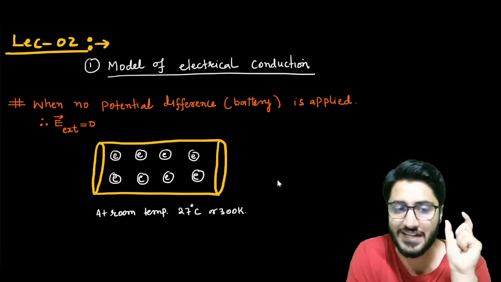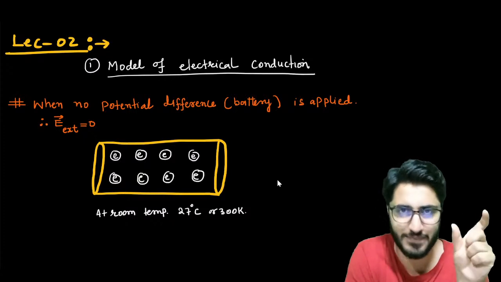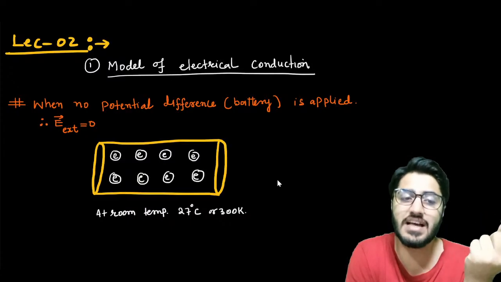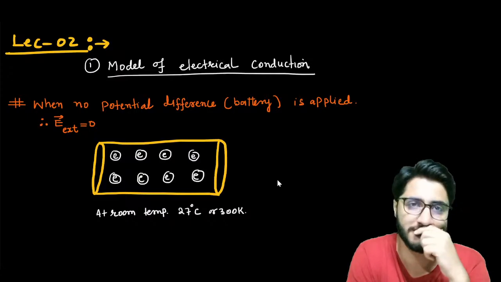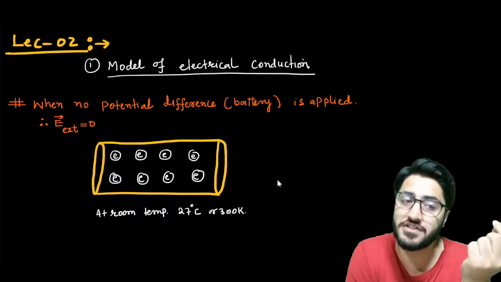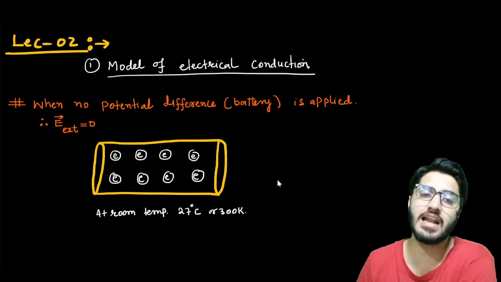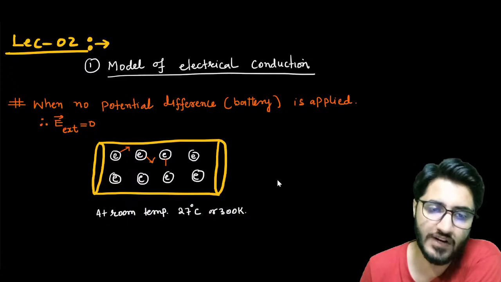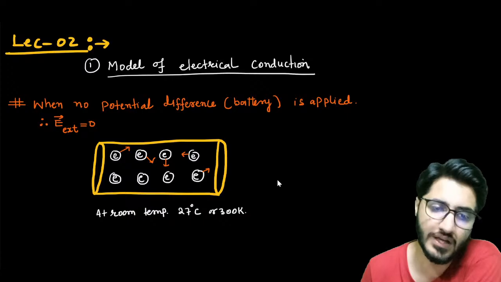Here my conductor has some free charge particles, and we are discussing the effect of temperature. Due to the temperature, what will happen? These electrons will move in a random direction, due to thermal energy.